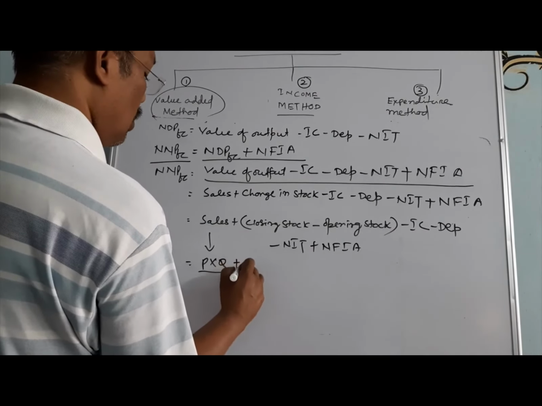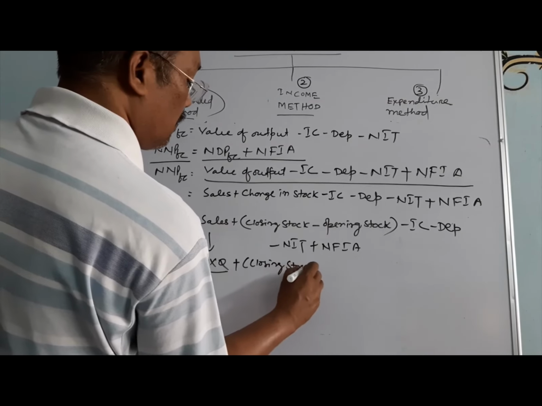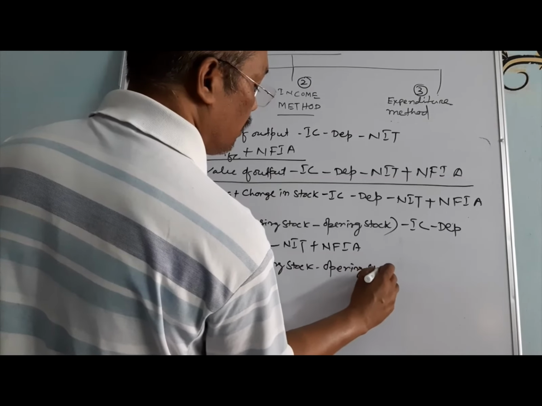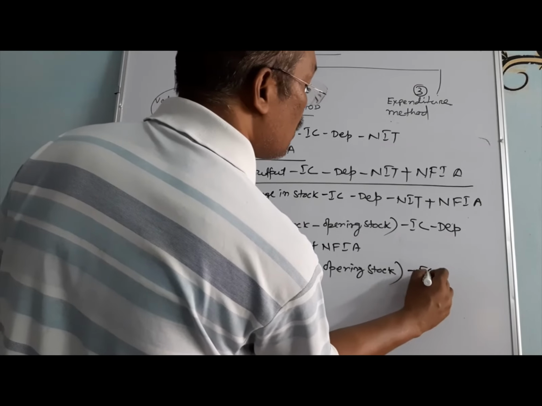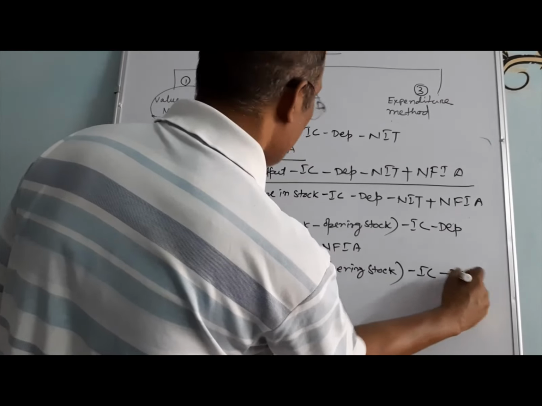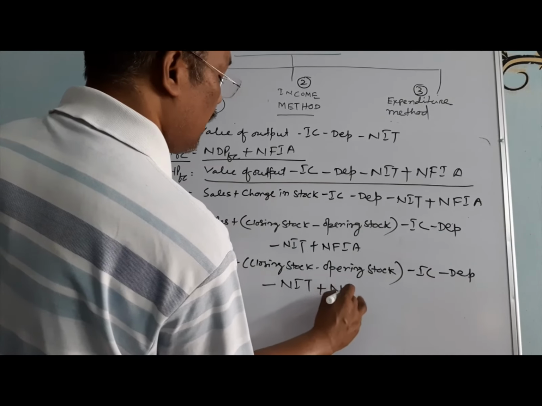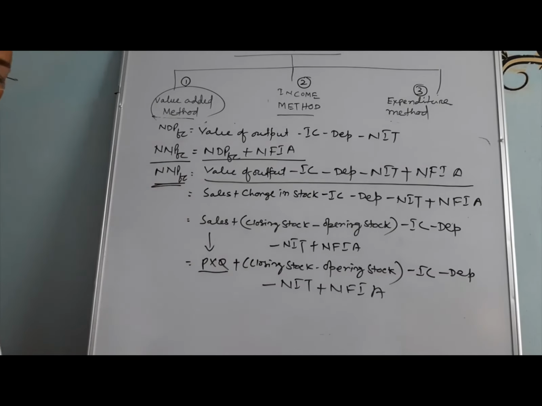So plus closing stock minus opening stock, minus intermediate consumption, minus depreciation, minus net indirect taxes plus net factor income from abroad is called NNP at factor cost.